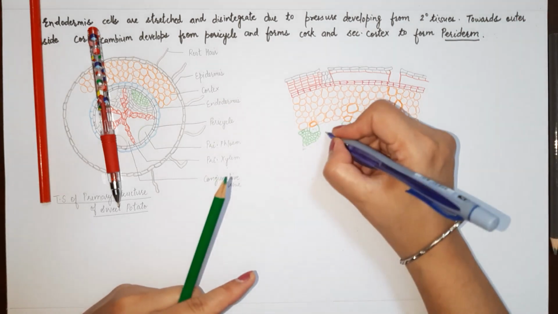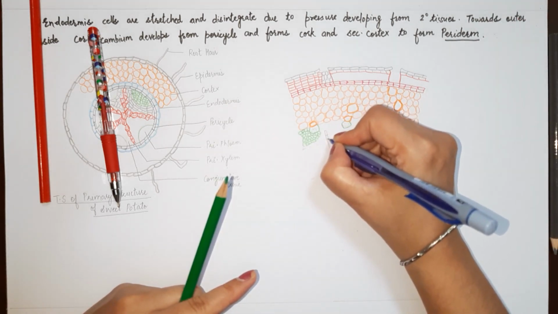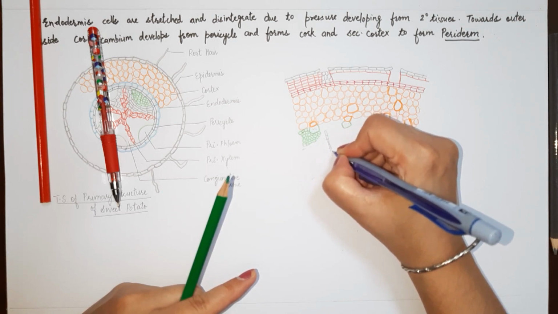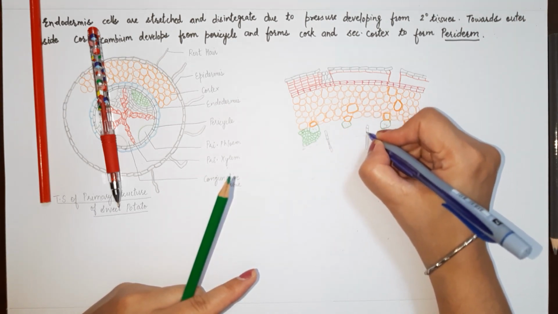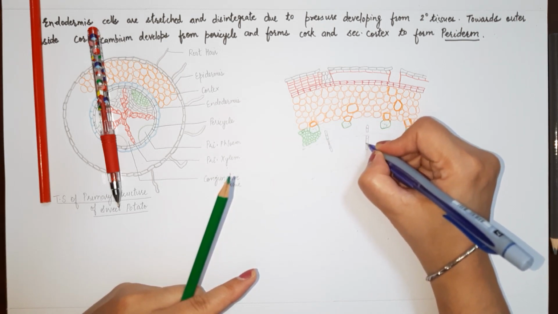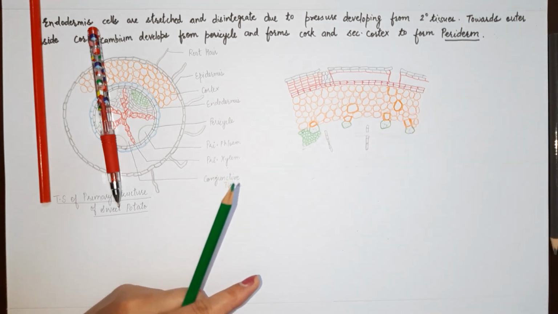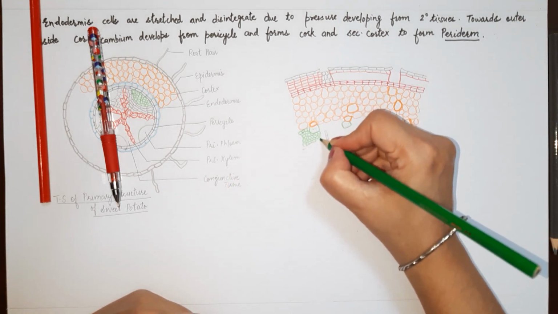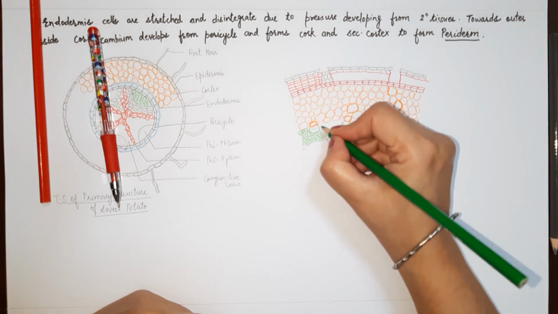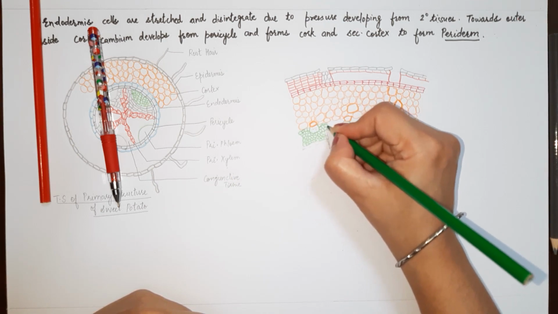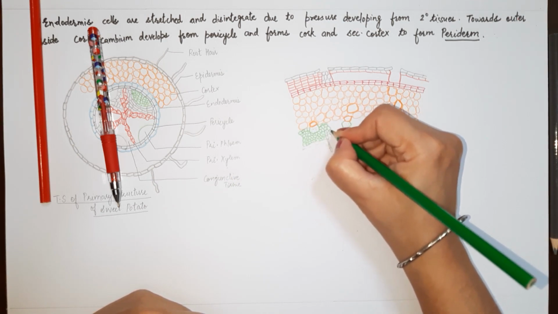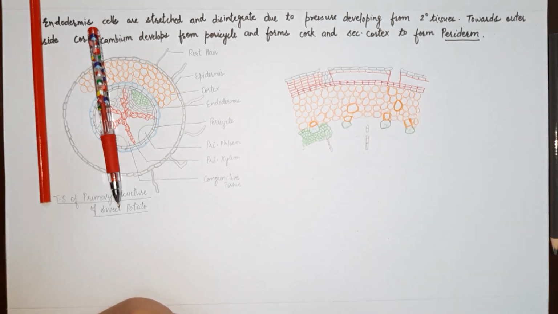That is the interconnections between secondary tissues. So, smallest cells of phloem, polygonal cells, complete this area.